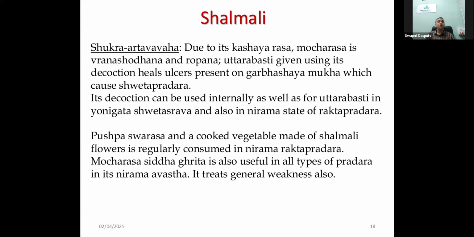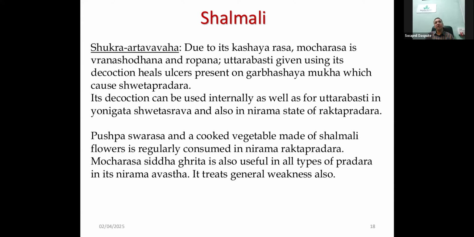Shukra Artavah Srotas: due to its Kashaya Rasa, Mocharasa is Vranashodhana, cleanses the wound, and Ropana, helps in healing the wound. Uttarbasti is given using its decoction to heal ulcers present in the Garbhashay Mukha, which causes Shweta Pradhana.